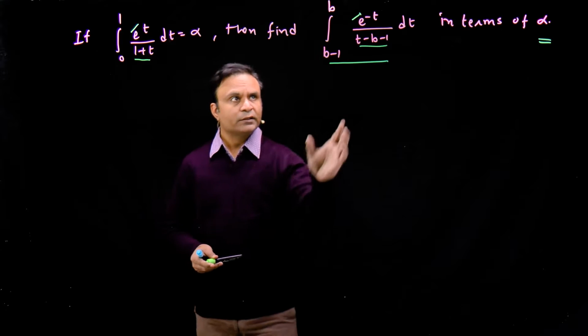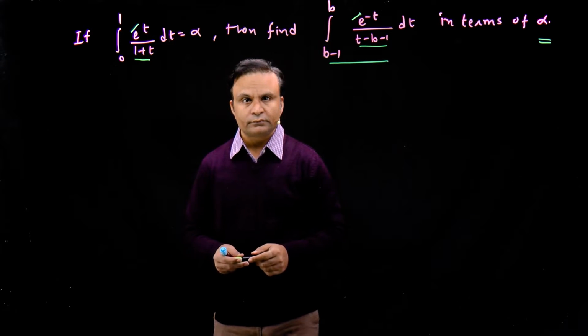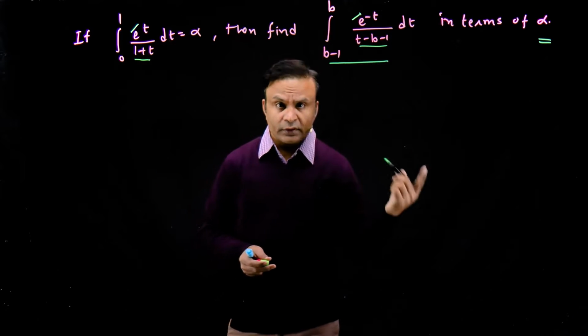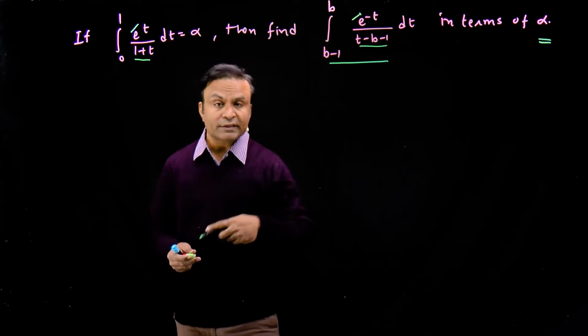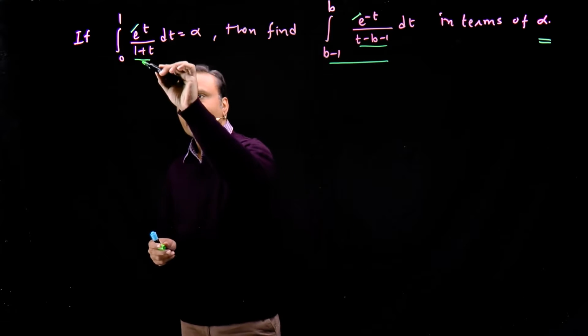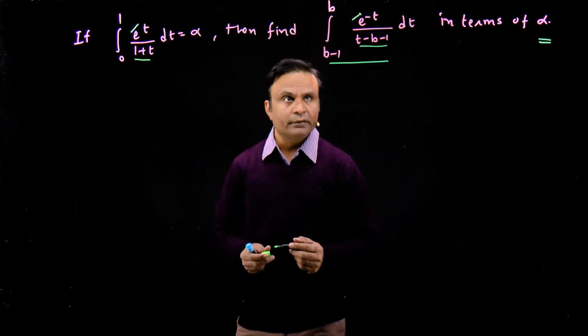So let's see how we can make use of this. I will try to write this function like this. Here we have the exponential e power t, here we have e power minus t. So at later stages we will substitute for minus t is equal to something. Now here we have 1 plus t and here t minus b minus 1.